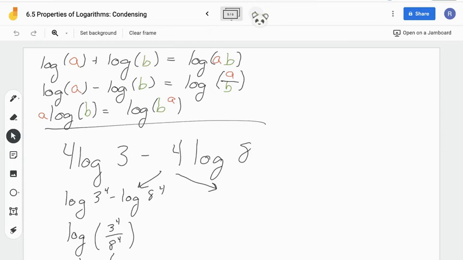Let's see, 3 to the 4th. This is going to take some mental math here. 3 to the 4th is 81. 8 to the 4th, I got to really think about that. Let's see, it's 64 times 8.